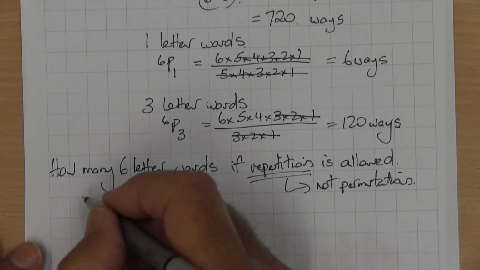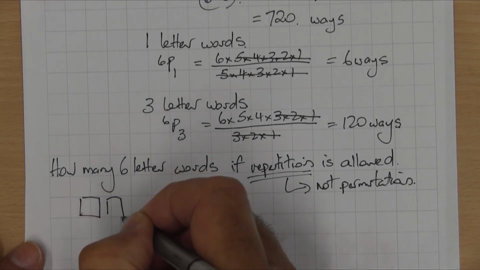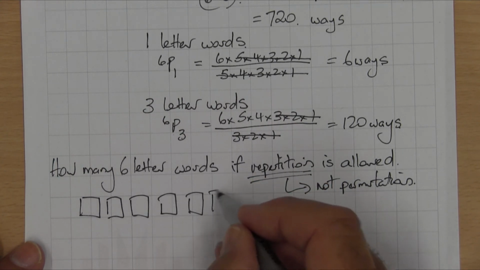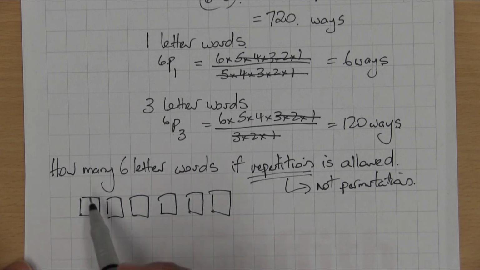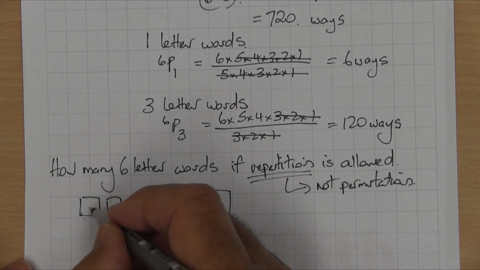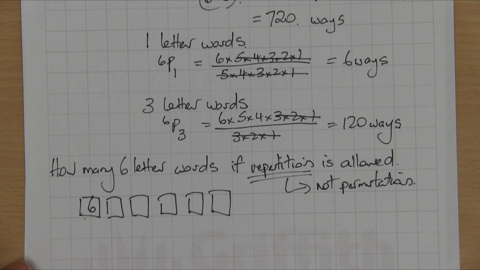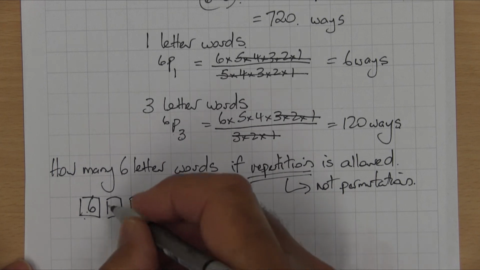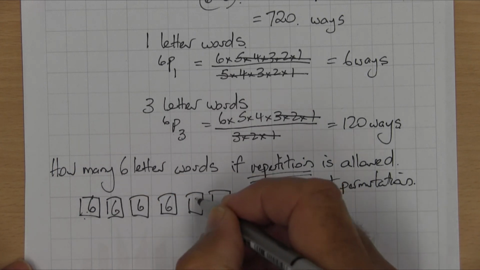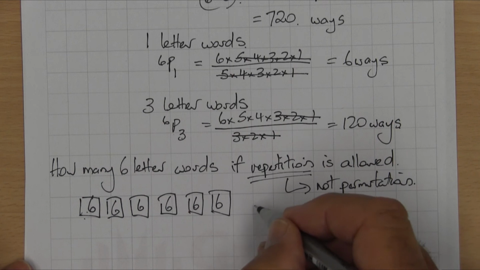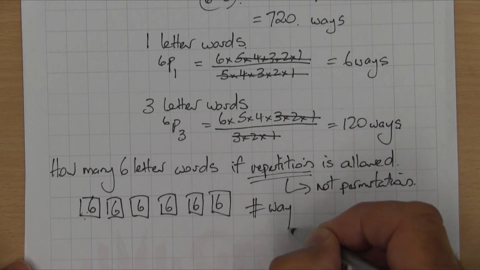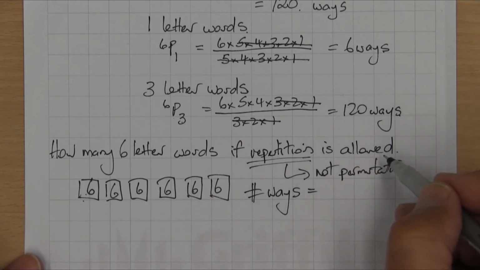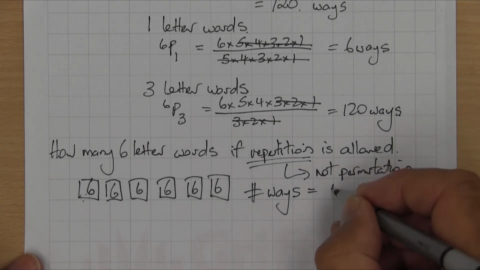So we go back to our fundamental counting theory. We've got 6-letter words and we've got 6 letters to choose from. How many ways can I choose that? 6. Repetition is allowed, so having used a letter there, there is no restriction on what I use there. So the total number of ways of forming a 6-letter word from 6 if repetition is allowed is just 6 to the power of 6.